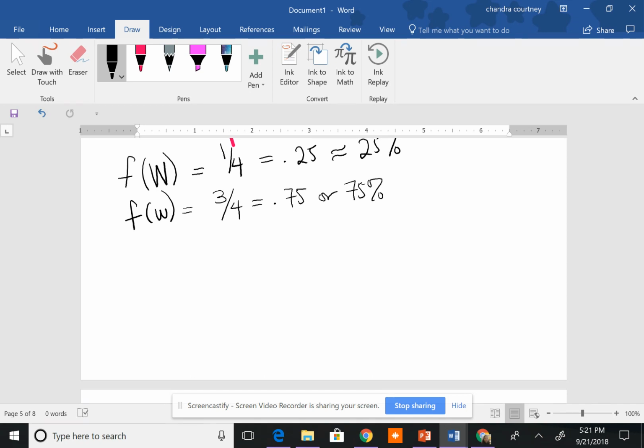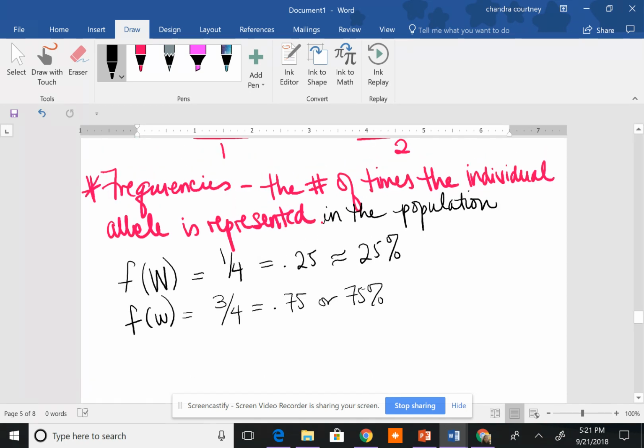So we can say that the number of times our big W is represented, we can use a variable for that, and we'll call that variable P. We can use a variable to represent the number of times our little allele, so in this case our little w, is represented, and let's call that one Q. If you notice, if you added P and Q together, even in this example, we would get 100%.